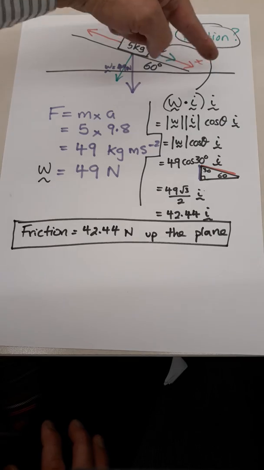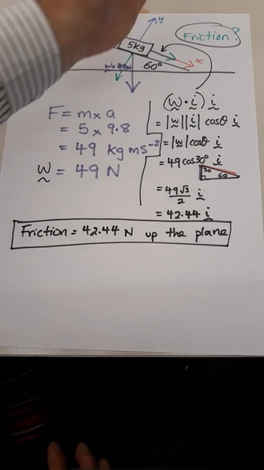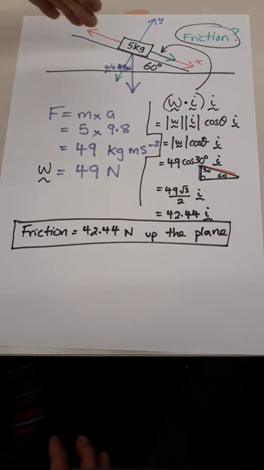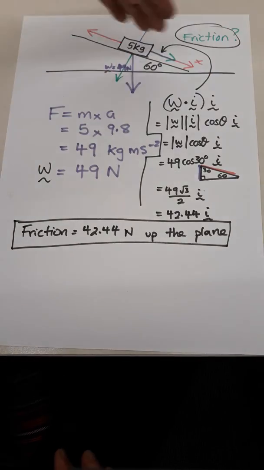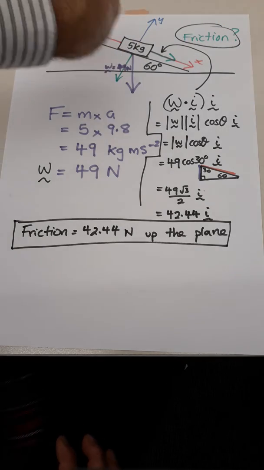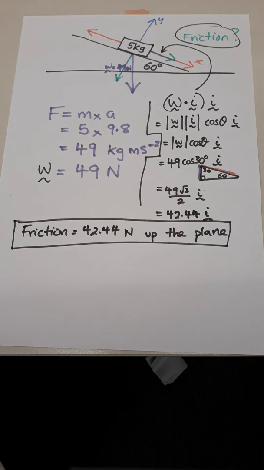Sometimes the piece of wood or whatever might bend a bit, I guess, but in this case, those forces are cancelling each other out. The object's not moving, and therefore, if these forces cancel each other out, it must be friction that's stopping it pull that way with 42.44 newtons.